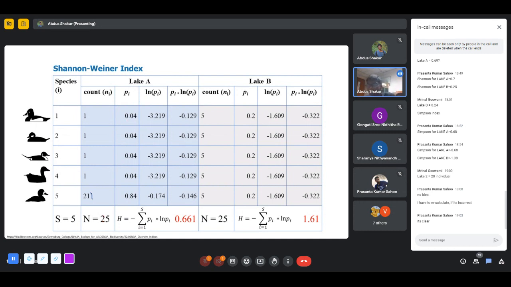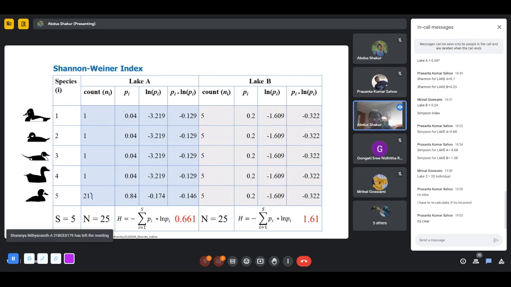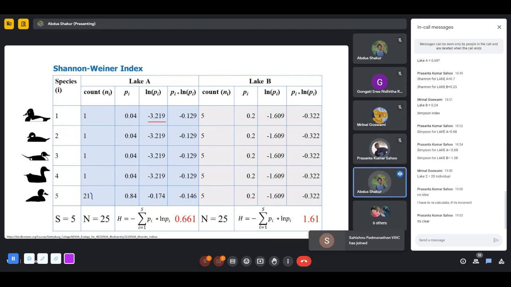Then you take the natural logarithm of this value, log of pi. So log of 0.04 gives minus 3.219. Multiply this value, minus 3.219, by 0.04, and you will get 0.129.